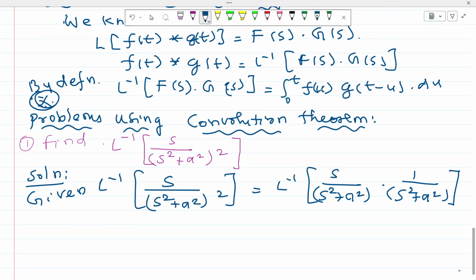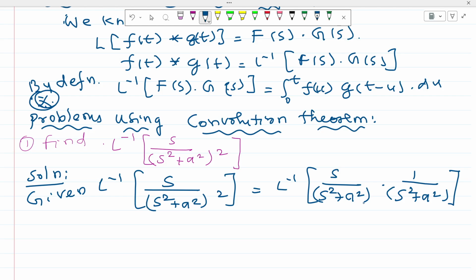Now listen. Here I split the function into two functions. What is the reason? See the convolution theorem definition: L inverse of F(s) into G(s). In case only s by s square plus a square is there, simply we can write cos at.